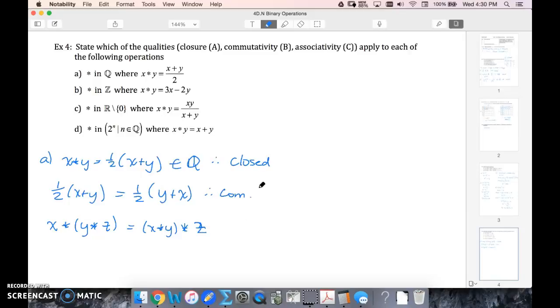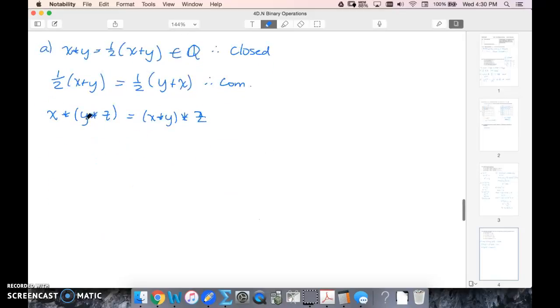All right, so let's look at the left-hand side and the right-hand side. On the left-hand side, (x star y) star z is going to be (x plus y) over 2, plus z, the whole quantity over 2. So we take the first element and add it to the second element, which is our whole operation.